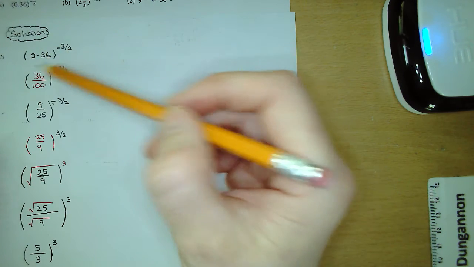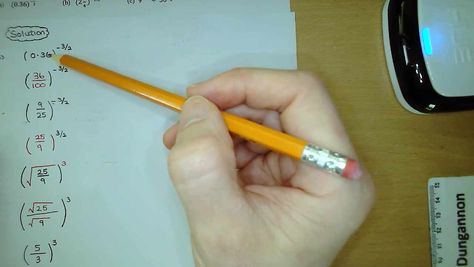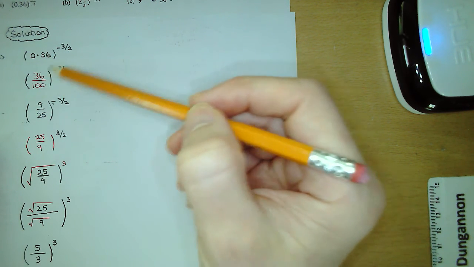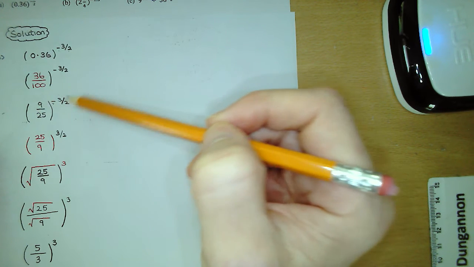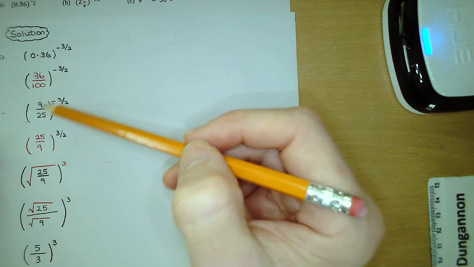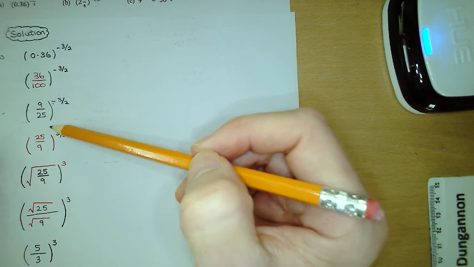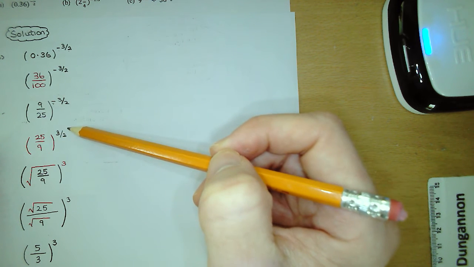Now, remember the process here. Step 1. Make sure that the base here is a fraction or an improper fraction. So deal with the base first, cancel the base, keep the power the same. Then once the base is sorted, we have to get rid of the negative power. So you flip the base upside down and then the power becomes positive.